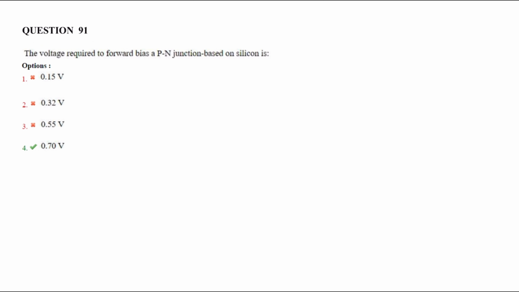Question number 91. The voltage required to forward bias a PN junction based on silicon is 0.7 electron volts.